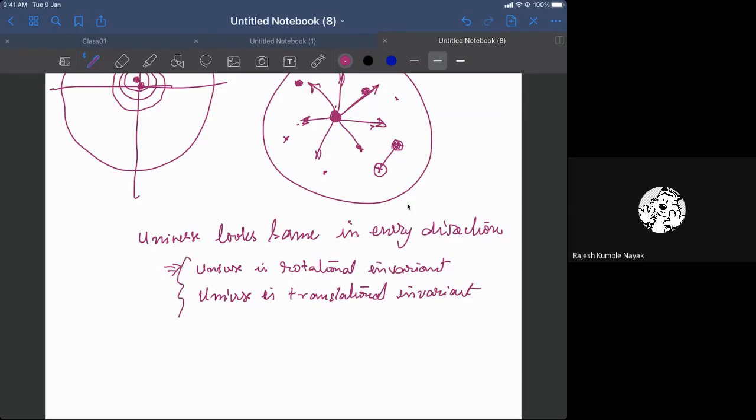Mind you, this is at each point, not at one point. Together, these lead to what is known as maximal symmetry. That means the universe should be the same everywhere, and there can't be anything more symmetric than the universe itself.